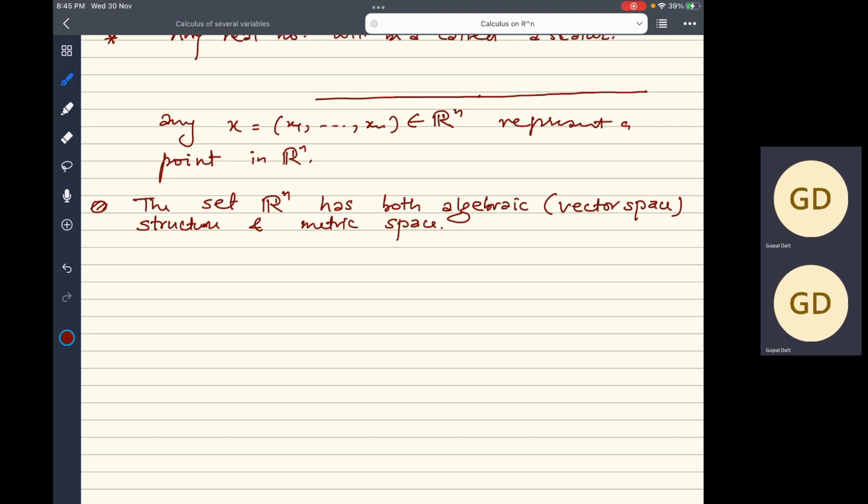Since it has vector space structure, we can add any two points of Rn, or any two vectors, and we can multiply a vector by a scalar.